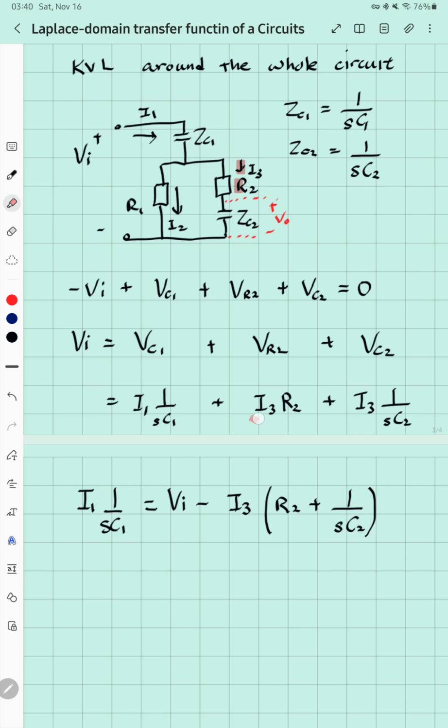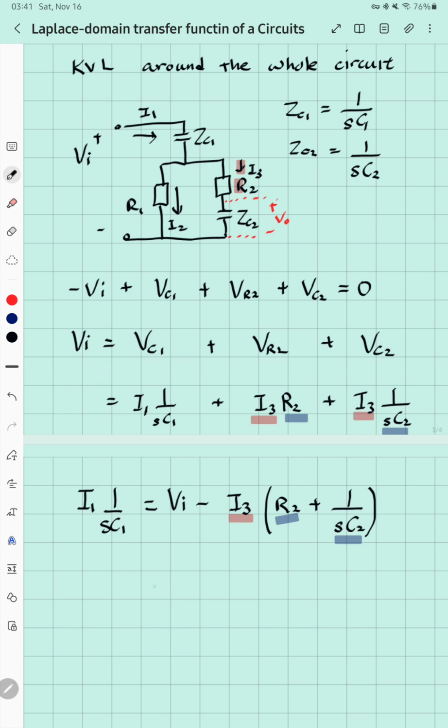All I did was get these S3 out, and then you have a R2 and this one here, and it used to be left side and equal right side. We just kind of moved it around, so on your right side I1 over SC1 you put in the left, and then VI put into the right, and the rest goes along with it. It's just algebraic manipulation.